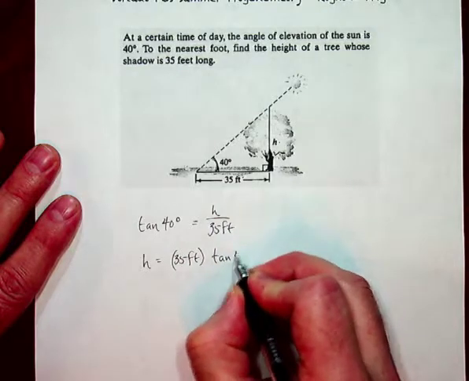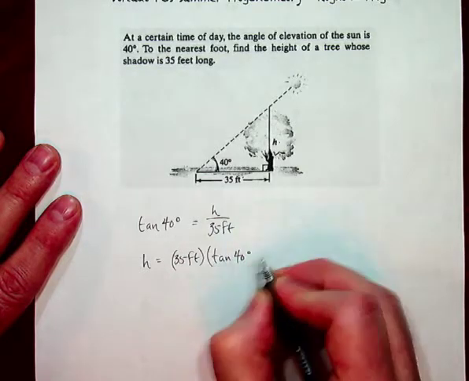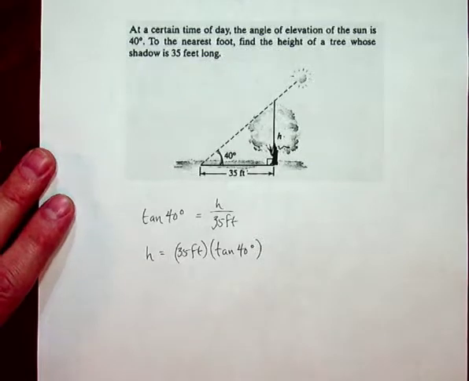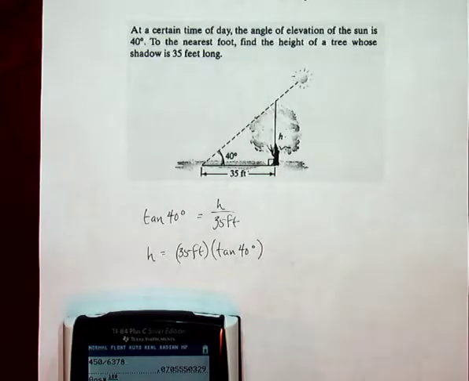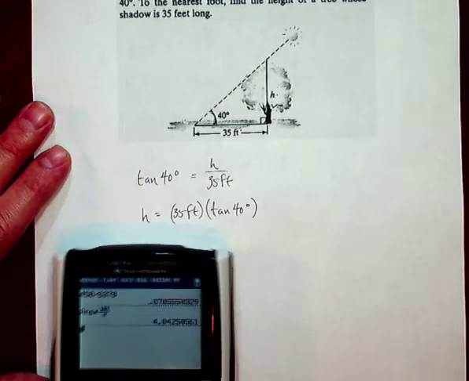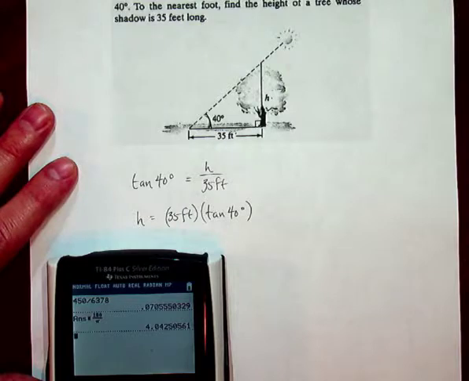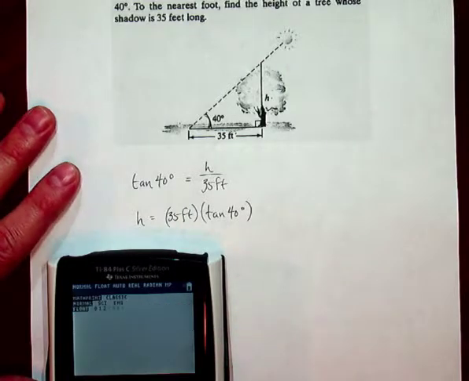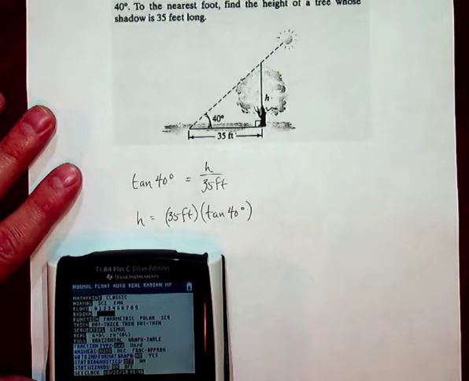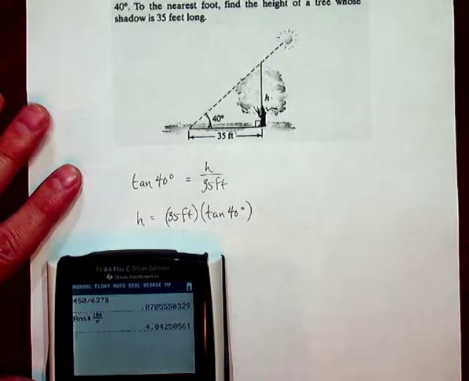tangent of 40 degrees. Now, the only difficulty in dealing with problems like this is you have to make sure that your calculator is in the right mode. Okay? Notice that mine is in radians. So I need to go to mode, switch it to degrees, and if you have an Inspire, I am of no help for you.